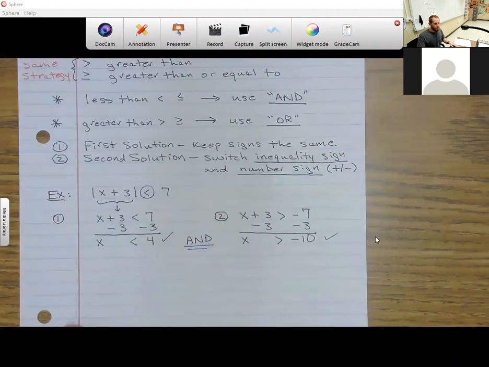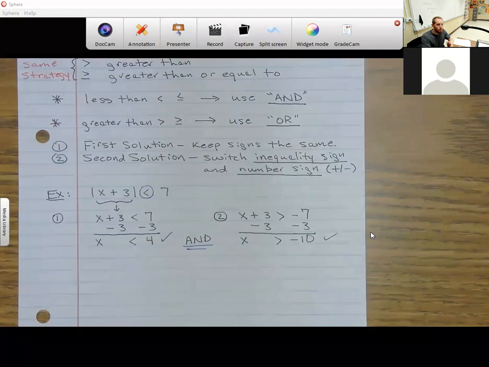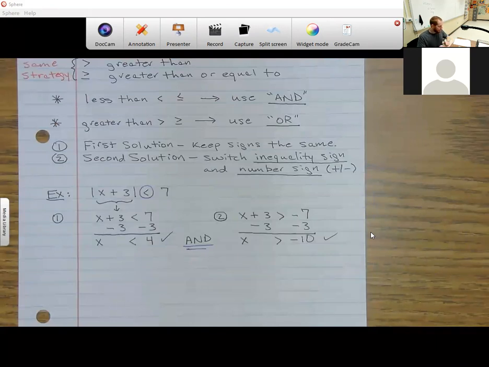Okay. So we have two different solutions for every single inequality. X is less than 4 and x is greater than negative 10. So the last thing we want to do is draw a number line and show our answer on a number line. So here's how we do it. I draw my number line and I'm not going to use a ruler, so I hope I don't mess up.